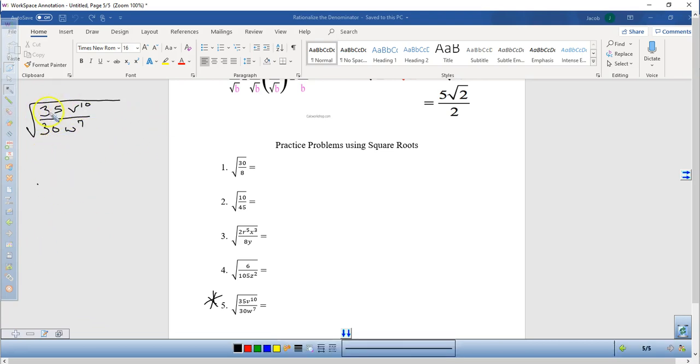So up here, I can tell right now that these can be divisible by 5. It should be a 10 right there, v to the 10th.